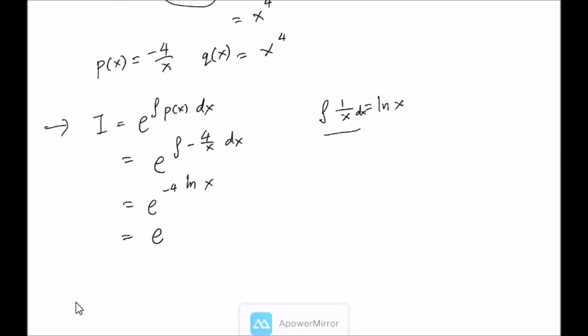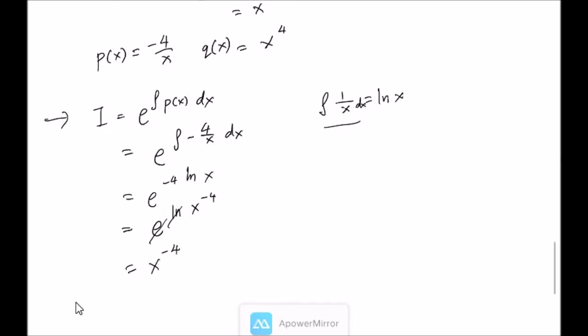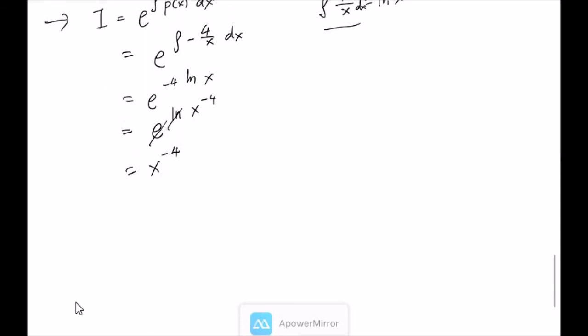So this is equivalent to ln x to the power of negative 4. Exponent and ln cancel out, so you get x to the power of negative 4. You find the answer of the integrating factor.